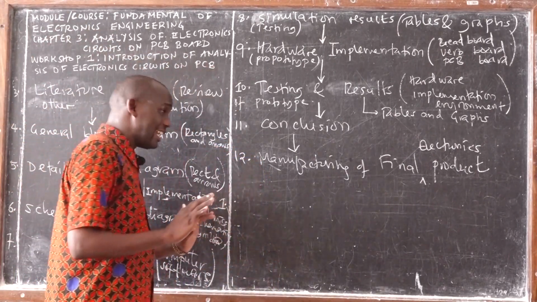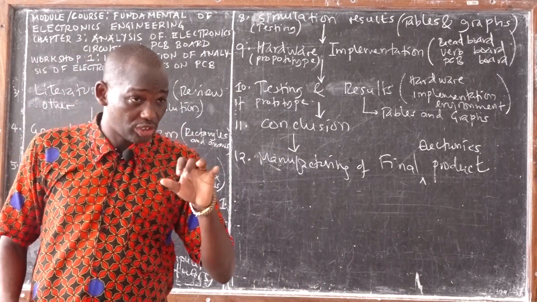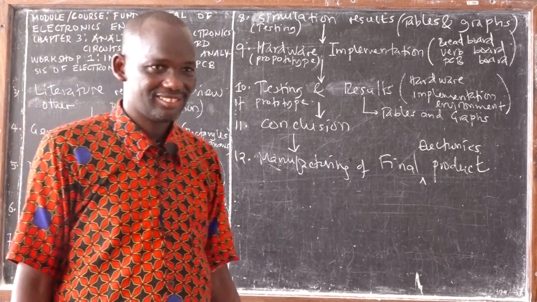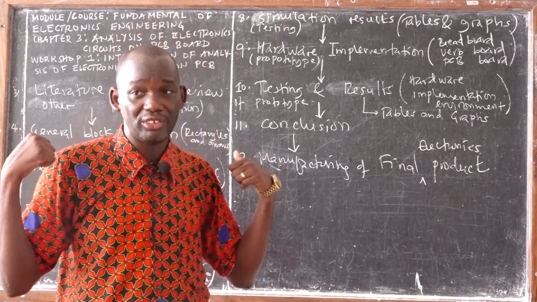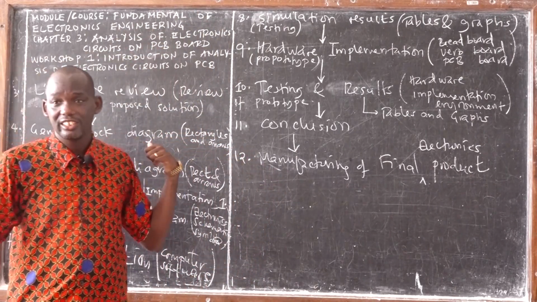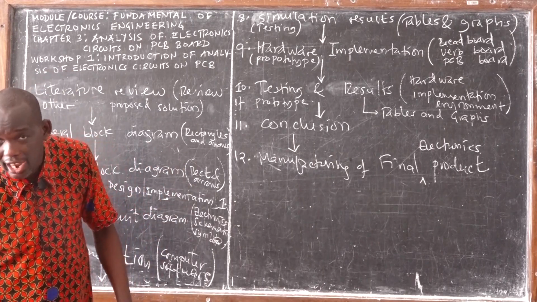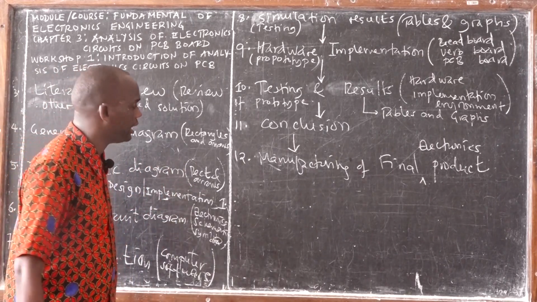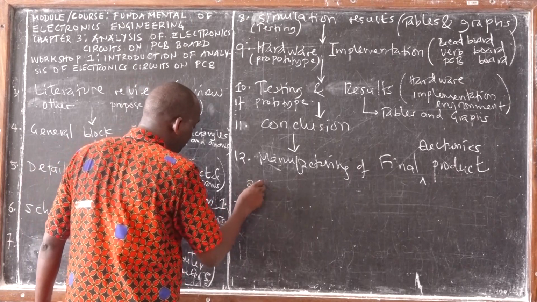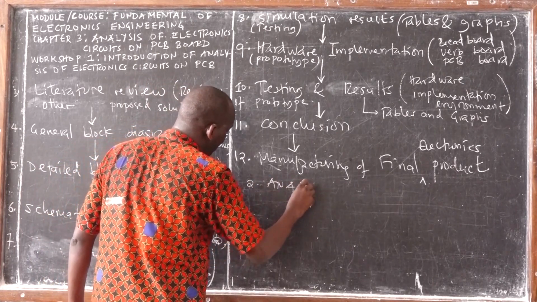So if that's clear, now let us go to the second concept, analysis. Are we together? Because the theme of this subject is analysis of electronic circuits on the PCB board. Are you ready for that? So number 2. That was number 1.